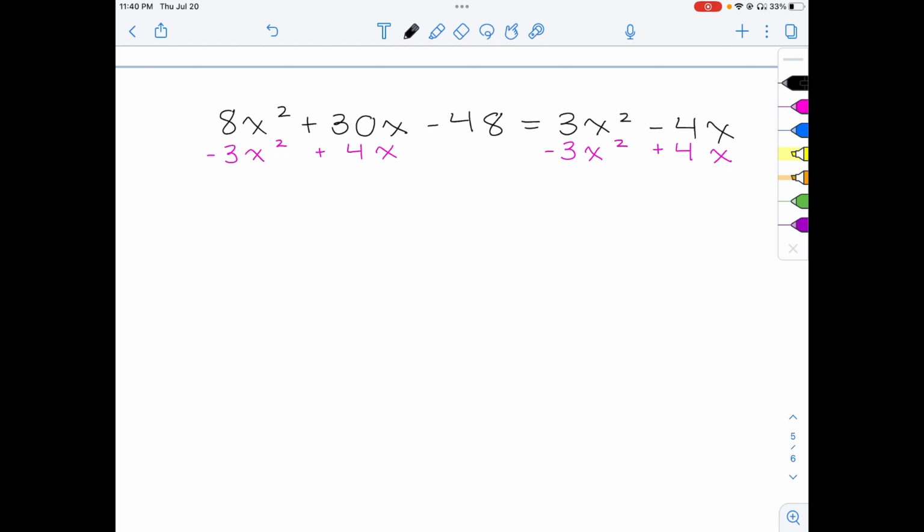Okay, so I'll have 8x squared minus 3x squared gives me 5x squared. 30x plus 4x gives me 34x. The 48 is unchanged, negative 48. And on my right side now I have 0. Okay, so once you have it equal to 0, then you can start factoring.